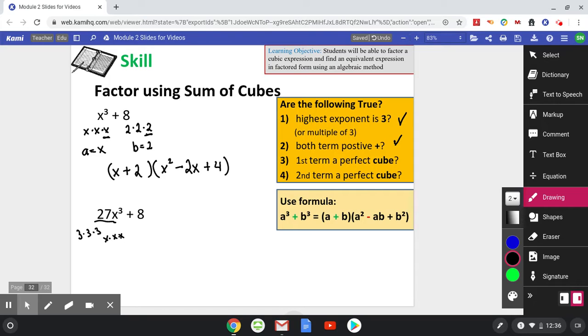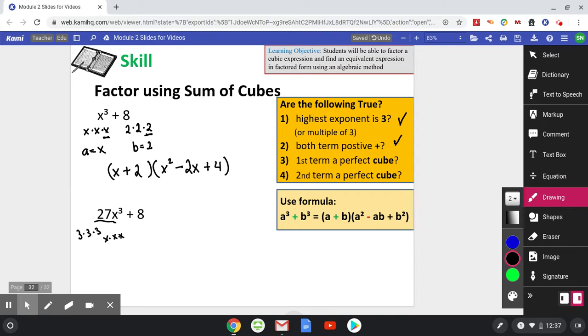If one of them is not a perfect cube, then it doesn't work. For example, if we had 28x cubed, even though the x cubed works, 28 is not a perfect cube, so we would not be able to solve the problem using the sum of cubes.